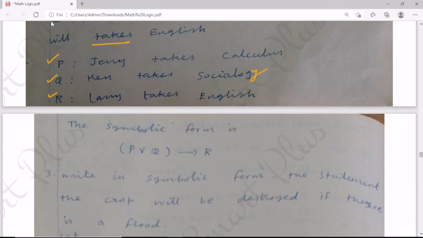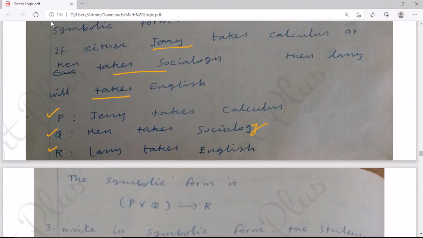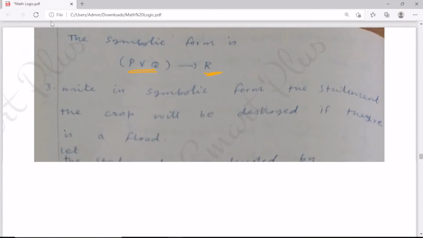So the symbolic form: either Jerry takes calculus or Ken takes sociology, so P or Q. Then conditional, Larry will take English, so R. So P or Q conditional R. This is the symbolic form, isn't it?